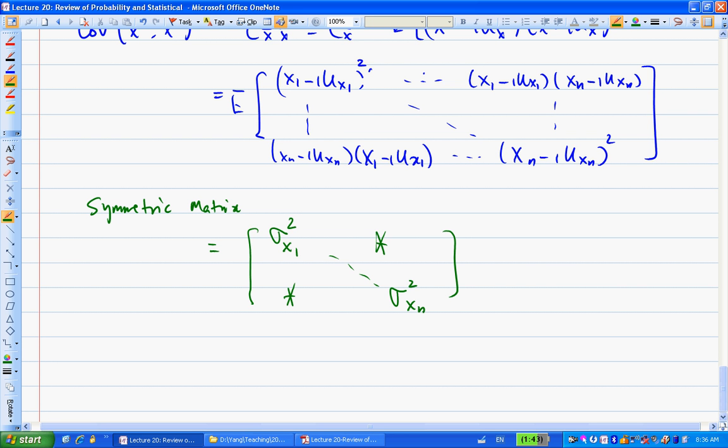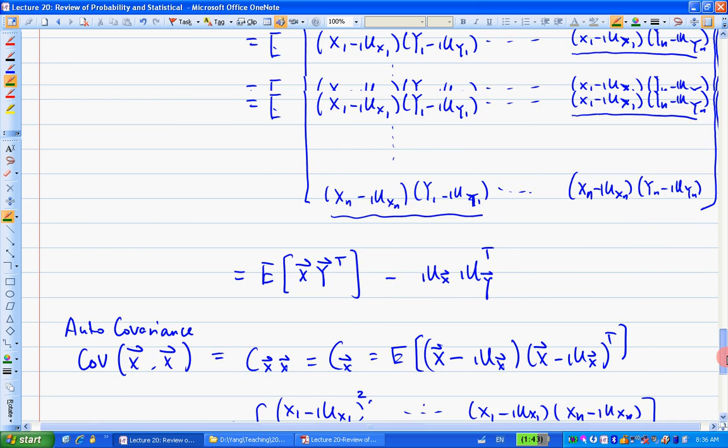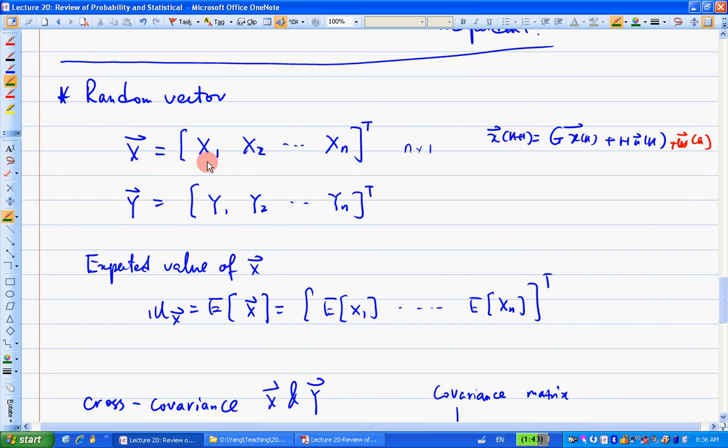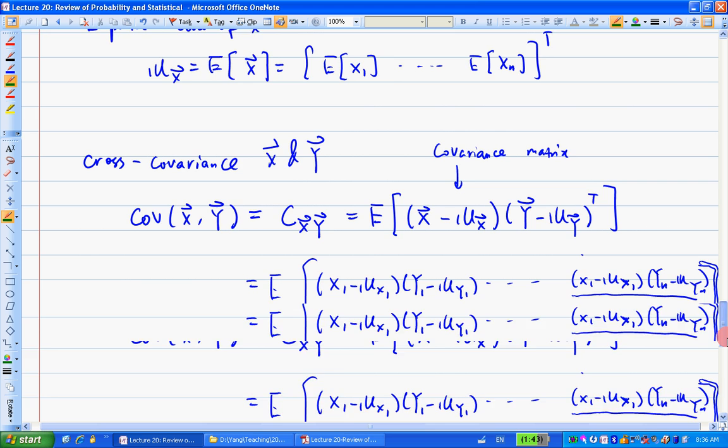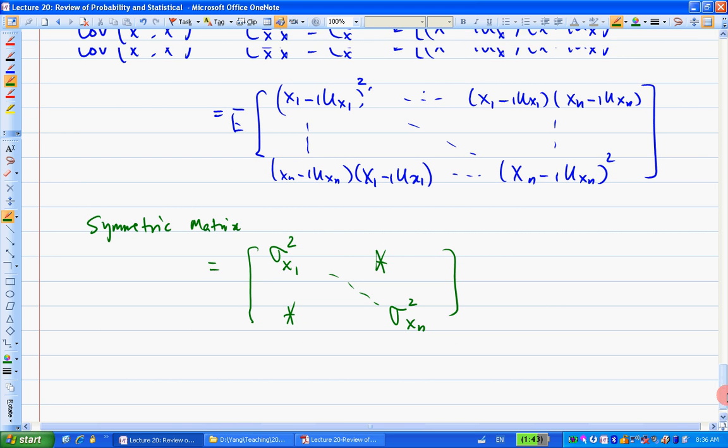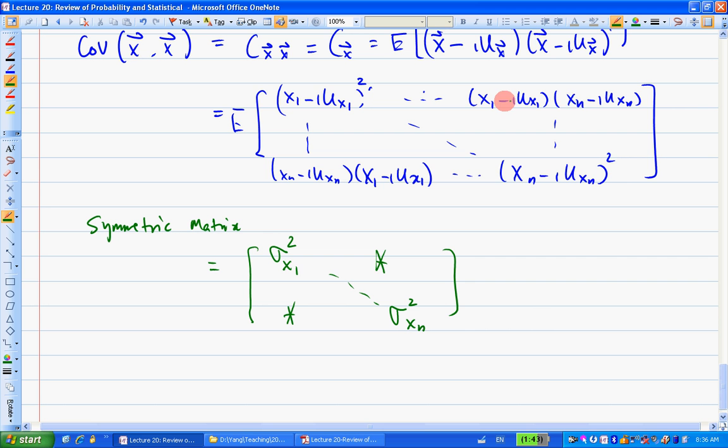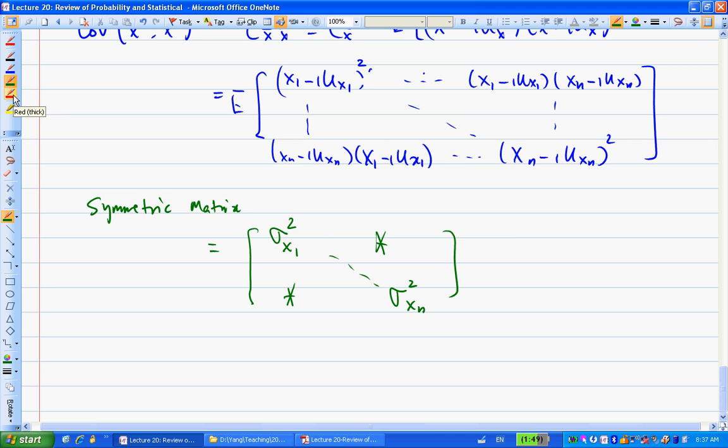Now let's think about the special situation. If x1, x2, up to xn are all independent of each other, the covariance of any pair of them will be 0, which means the off-diagonal elements here will be 0. So that's the next very important writing, which we're actually going to use.